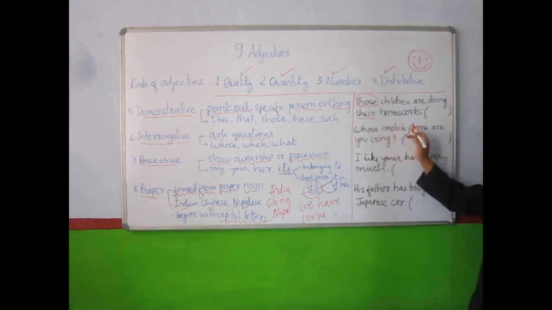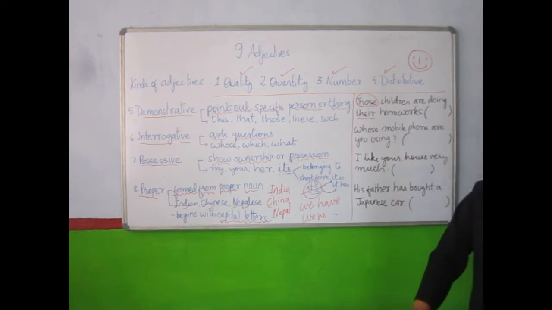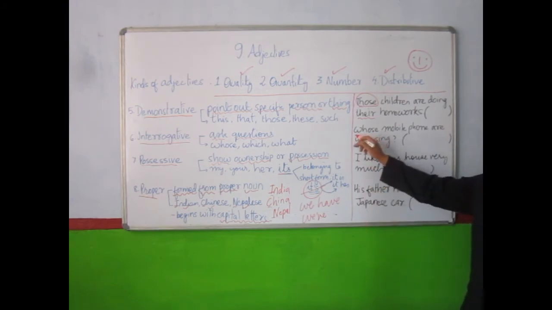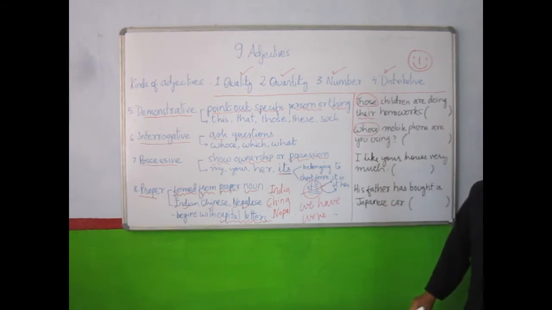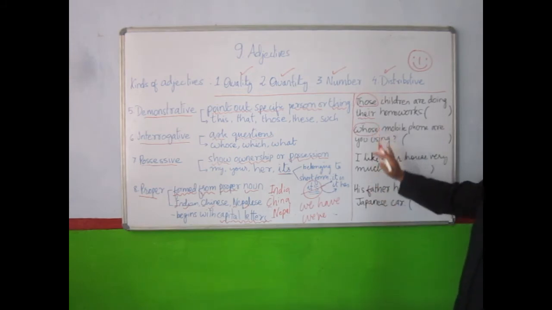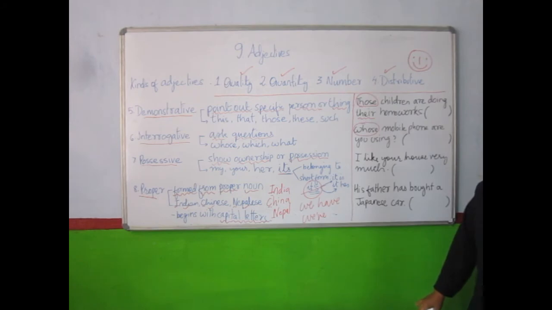Whose mobile phone are you using? Which word is the adjective here? Remember, an adjective describes a noun. Yes, the first word, whose. You're right. Whose is the adjective here.